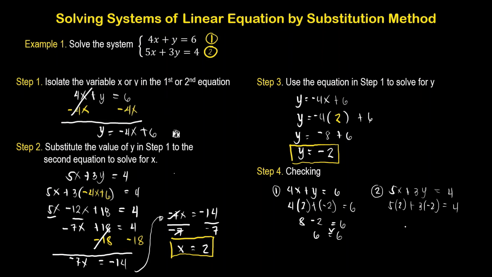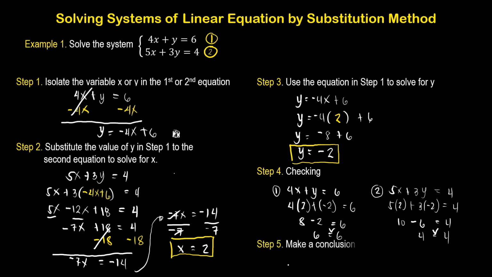So, let's find out if this is equal to 4. So, 5 times 2 is equal to 10. Then 3 times negative 2, this is equal to negative 6 is equal to 4. Therefore, 10 minus 6 is just equal to 4, which is equal to 4. So, therefore, it satisfies both equations of the given system.